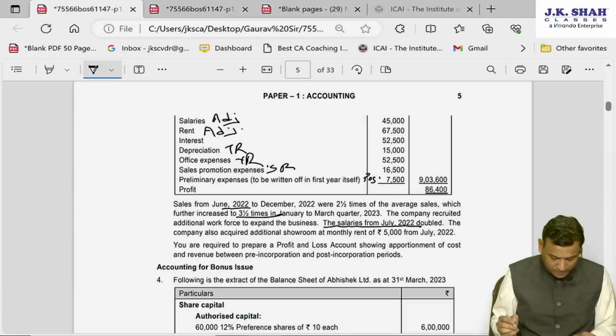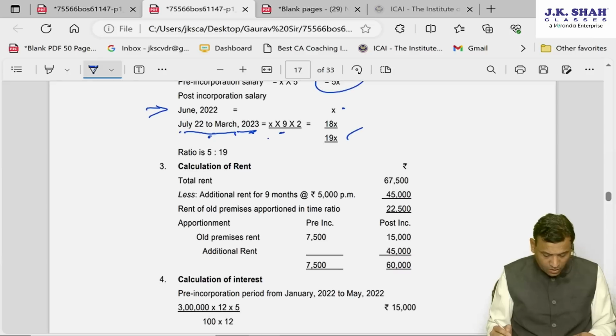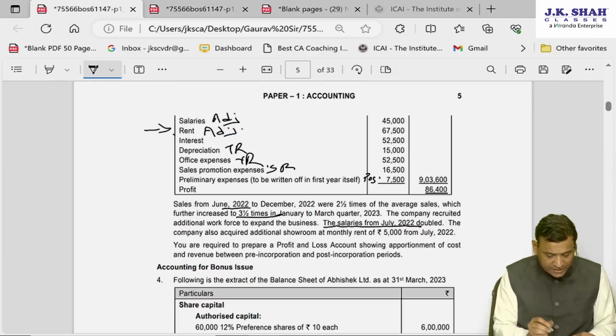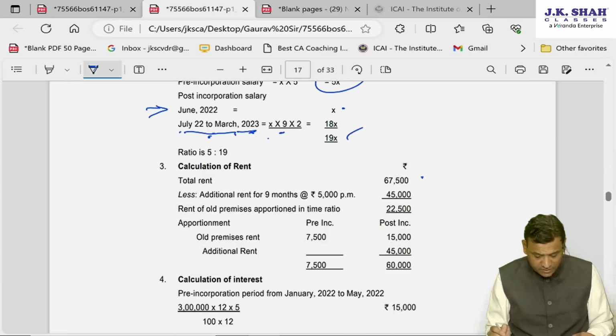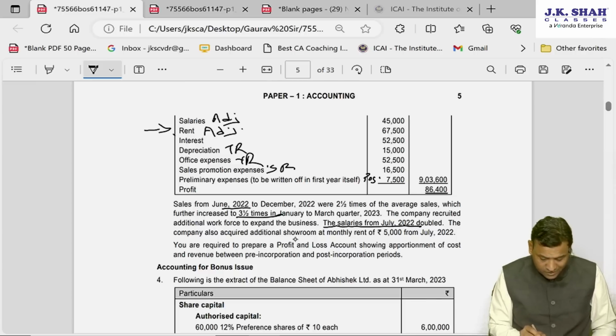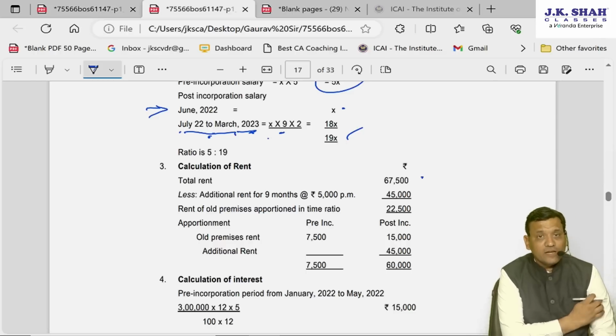So that's a simple point. Then comes the rent adjustment. Total rent is 67,500. You will say, from where did you get it? Look here, this is the rent adjustment, 67,500. Now additional rent. Why additional rent? Because we have taken the property from July, that is 5,000. That additional rent is exclusively for the post-period only, friends.